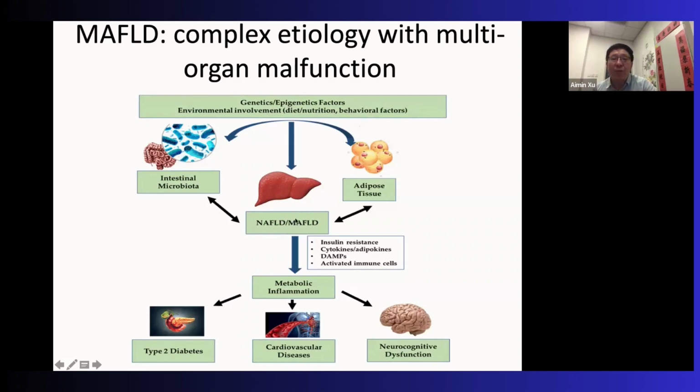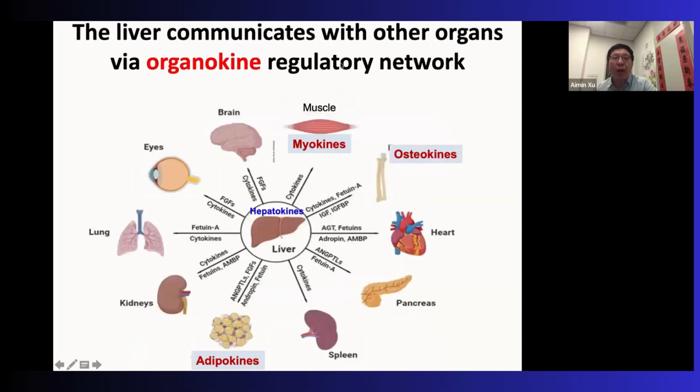Many organs, including the gastrointestinal system, adipose tissue, even the brain and the cardiovascular system, are involved in the development of this disease, through alterations of gut microbiota via the gut-liver axis, and adipose tissue dysfunction via the adipose-liver axis. They communicate with other organs mainly by secreting factors called organokines. The liver secretes hepatokines, muscle secretes myokines, bone tissue secretes osteokines, and adipose tissue secretes adipokines.